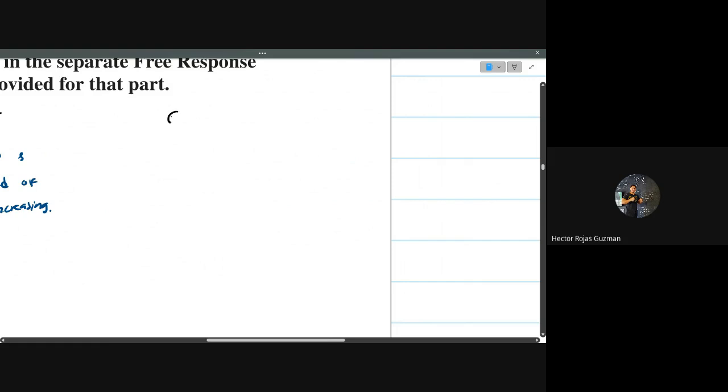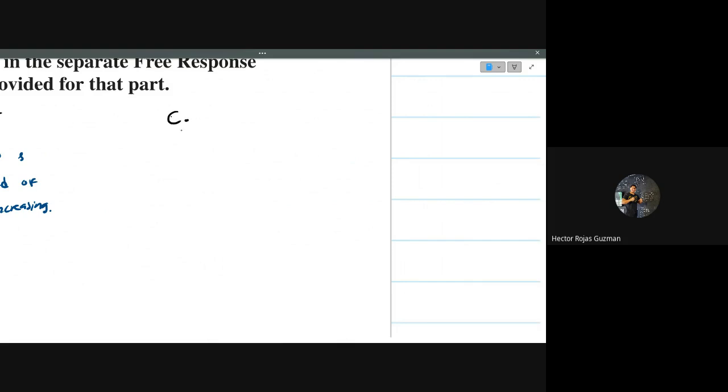Part C. The position of the particle at time t is x of t, and the position at 1 is -3. I'll write it right here so you can see it. Find the position of the particle at 4. Because we're given an initial condition and we want to find a position at a later time, we're going to use the formula f of x equals the integral from a to x of f prime of t dt plus f of a.